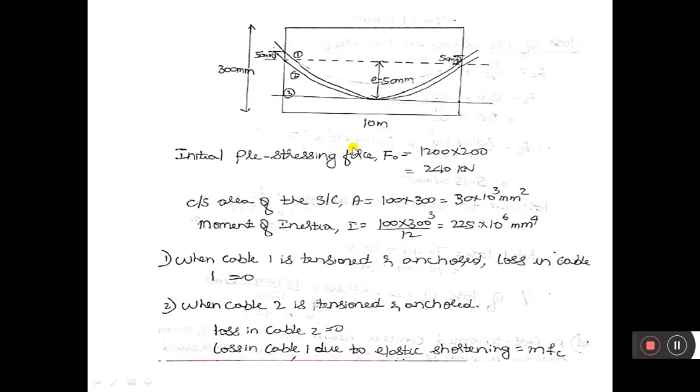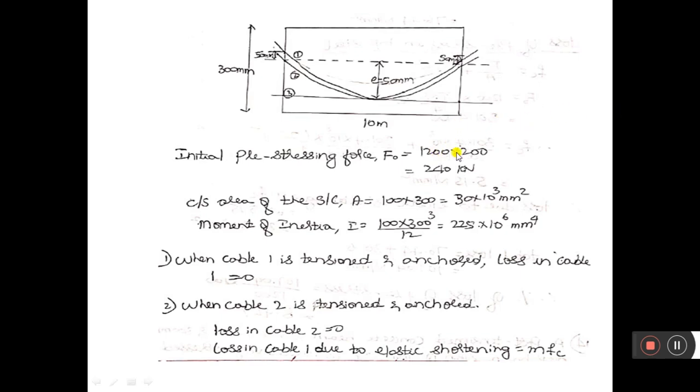Before calculating the percentage losses, first let us calculate the required data like cross-section area of a cable, initial prestressing force, and compressive stresses in the concrete. So initial prestress F naught is equal to 1200 into 200. 1200 is the initial prestress which is given in the question, and 200 is the cross-section area of a cable.